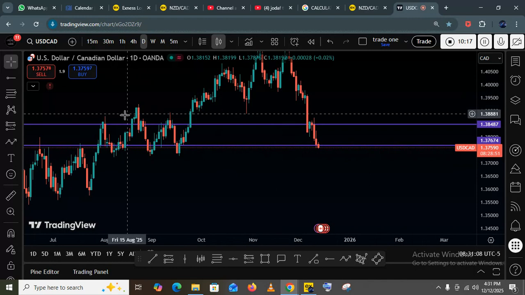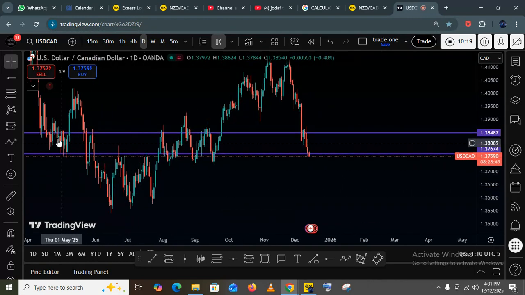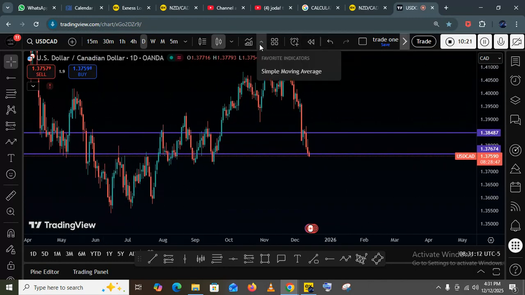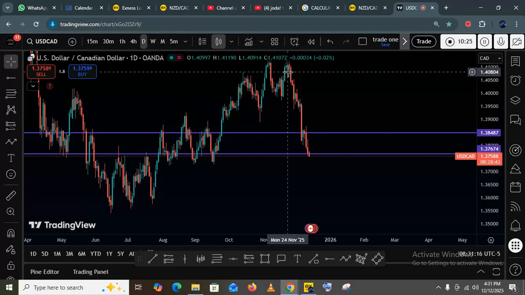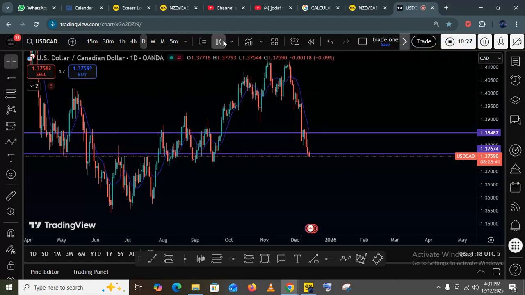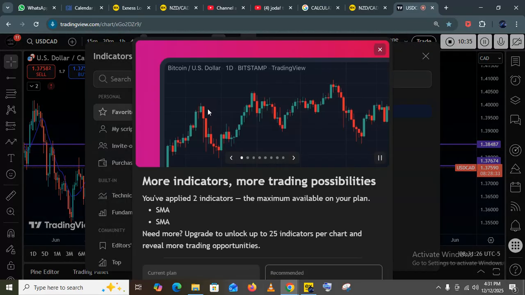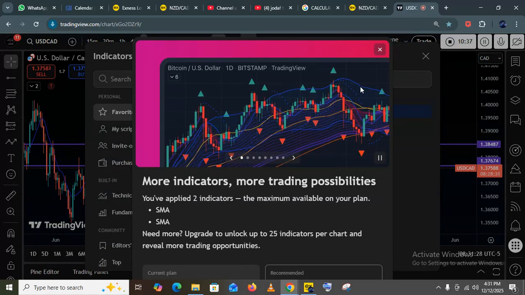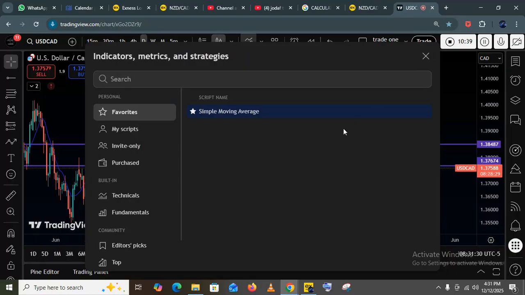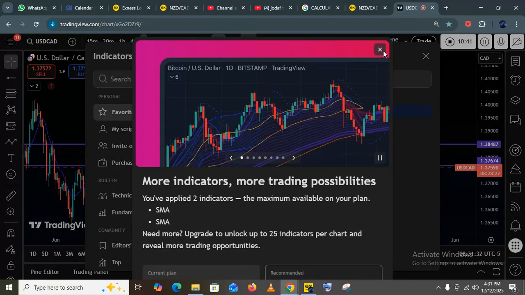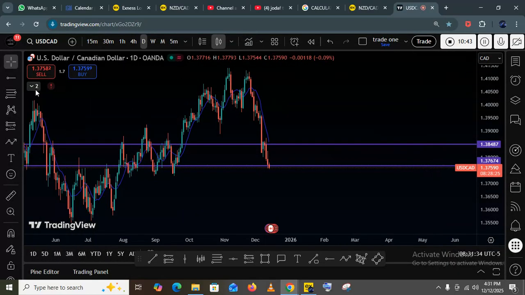Another way you can see how the market is acting is by adding these things called indicators. What I like to use is the simple moving average. I like to use two, so let's add two simple moving averages. Seems like we have two already.